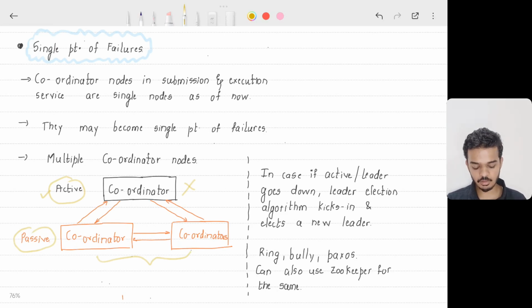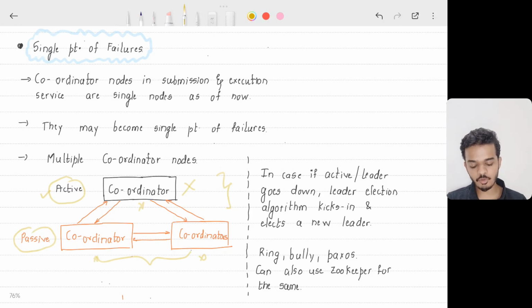And since the worker data is independent of these machines, the data which we are storing is not present on these machines, so all of these share the same data. So a coordinator node can pick up from where the last active coordinator node left.